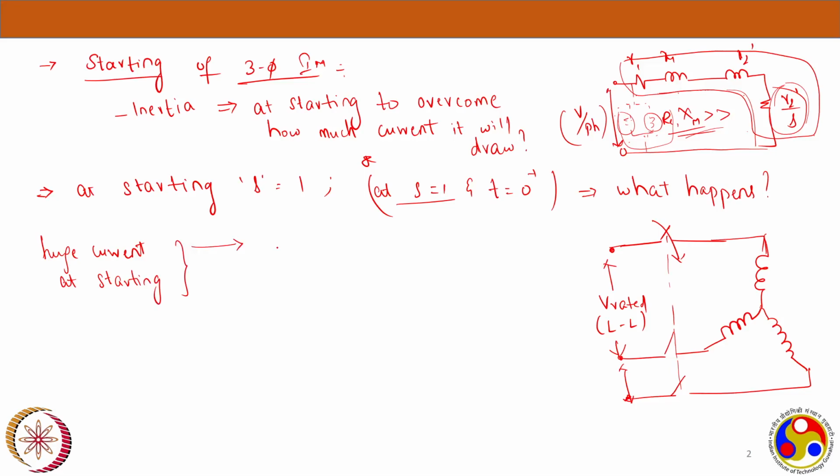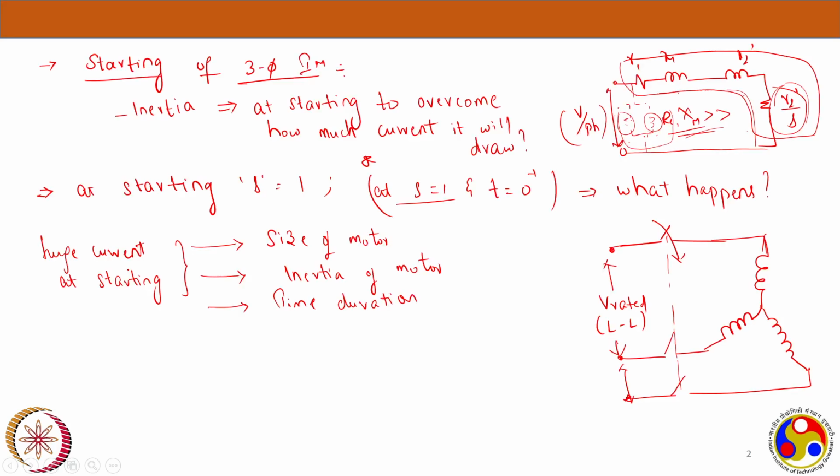This will depend upon the size of your motor, the inertia, and also the time duration, the time for which this huge current will be flowing. These are the three parameters which, if we know them, then only can we say whether it's good or bad.